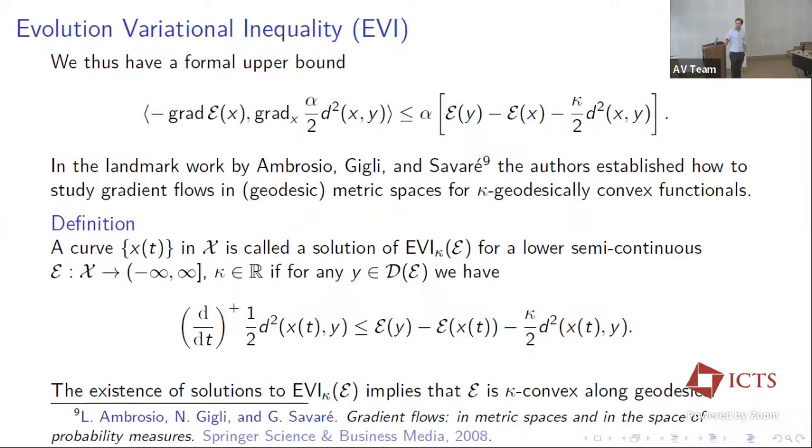Suppose that you have these solutions, then actually E is also kappa convex. So you can somehow go back and forth. So I'm now going to formulate my kappa convexity condition on E simply in terms of, hey, there is this gradient flow in this form. And perhaps, let's discuss this later.